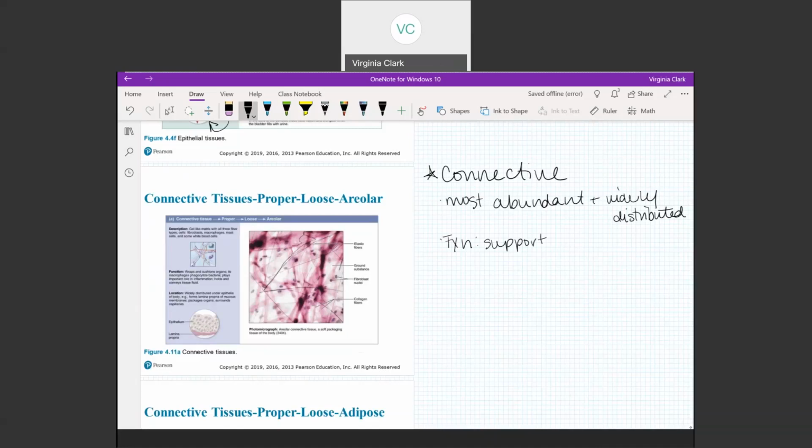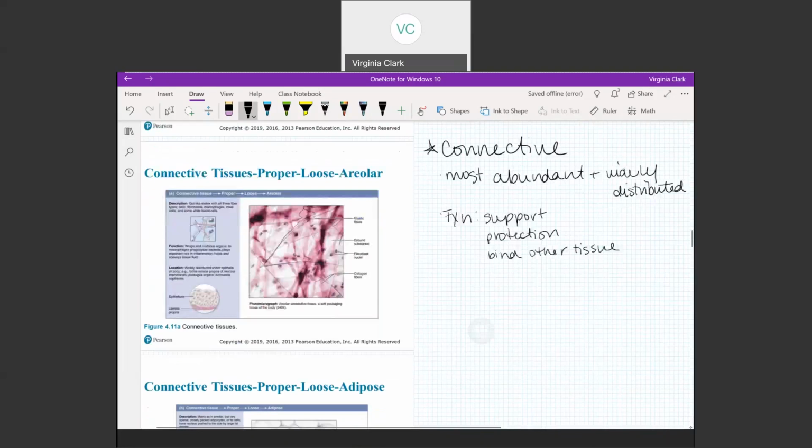It is the infrastructure. It'll also be involved in protection. But another thing that connective tissue does is it will bind other tissues together. So it's going to act kind of like a glue or a binding mechanism. An example of connective tissue is actually bones. So if you think about it, you have a lot of bone, so therefore it's very abundant.